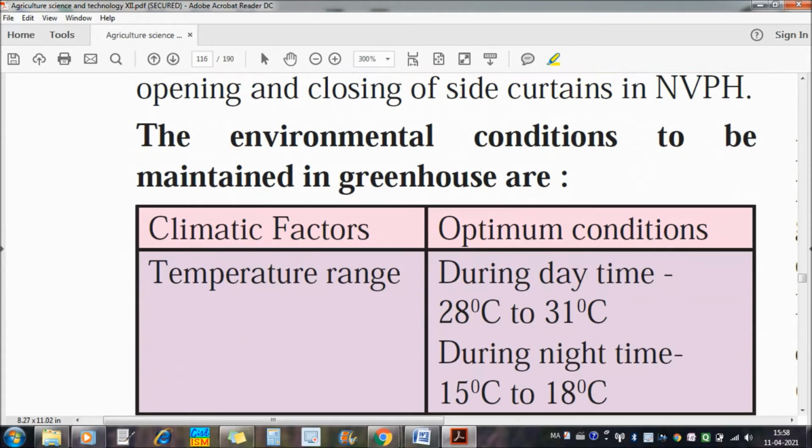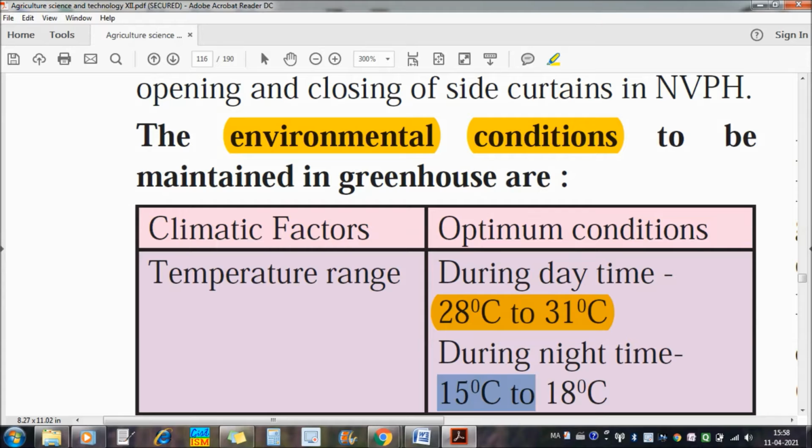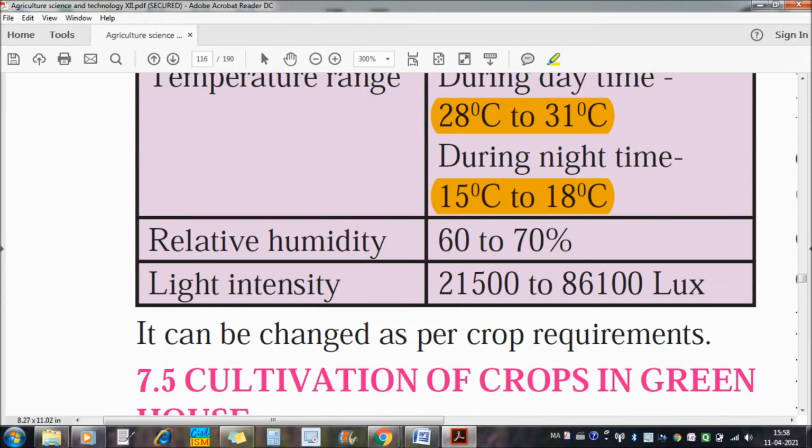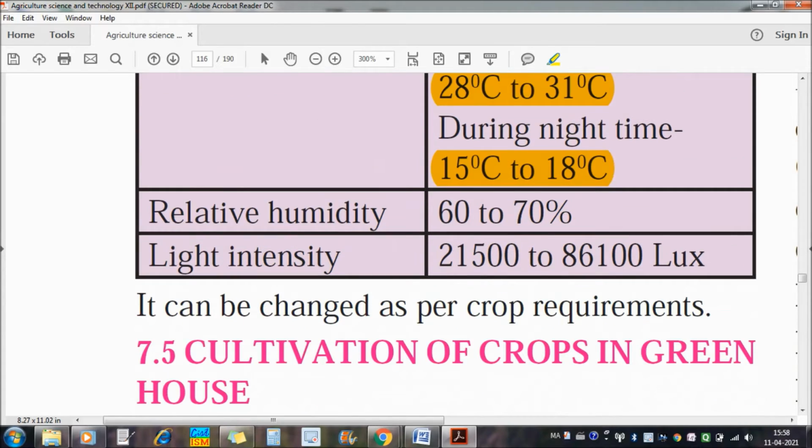Now the environmental conditions to be maintained in greenhouse. Remember these figures: climatic factors and optimum conditions. The temperature during day should be 21 to 31 degrees centigrade, during night 15 to 18 degrees centigrade. If the temperature goes below this range, we have to use oil burning.